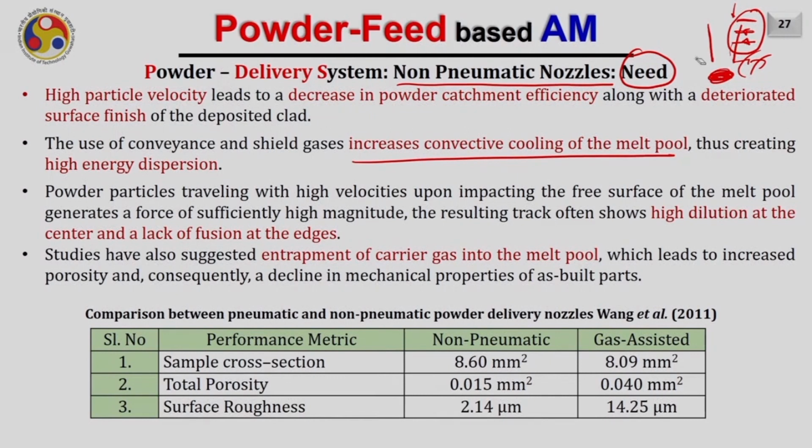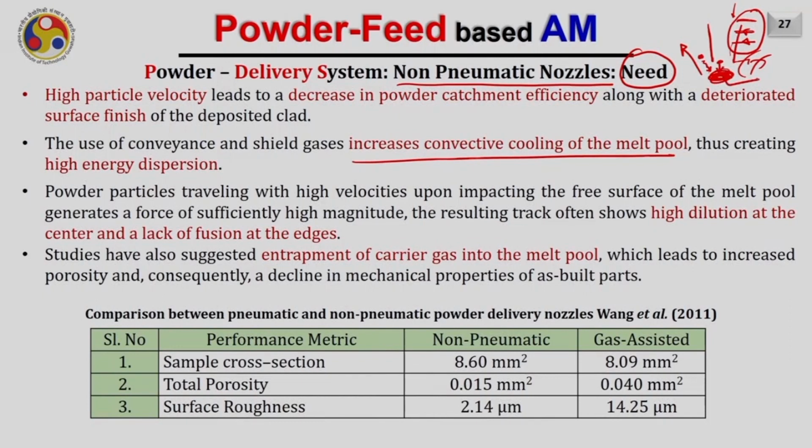So usually when the powder particles come with the desired velocity from the nozzle, they impact onto the molten pool. Due to this high impact onto the molten pool, it may be possible that the powder particles bounce back. They may not be trapped by the molten pool. Also, the velocity of the powder particles that are coming at the center is usually higher.